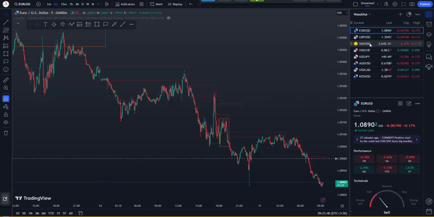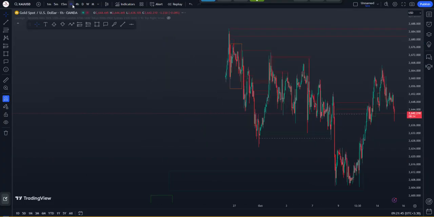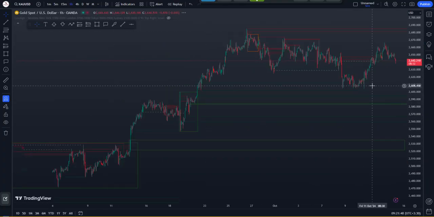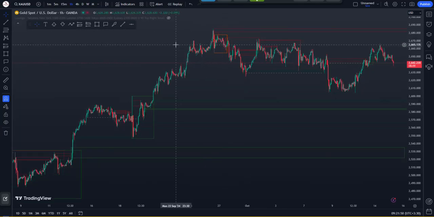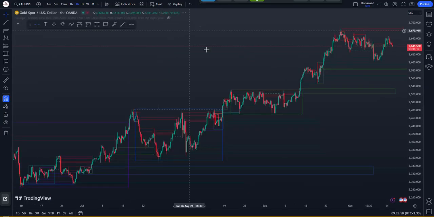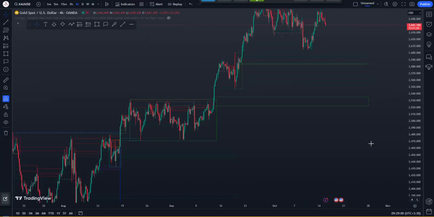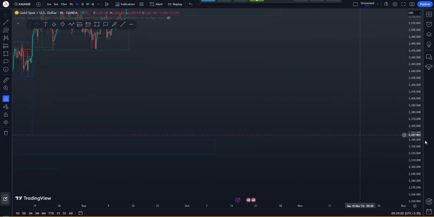So let's go to the gold chart and analyze this one. Okay, this is the gold price, and in gold price we know gold is always in an uptrend actually, because all currencies are affected by anything that happens in the world, and if anything happens in the world, the gold price goes up.